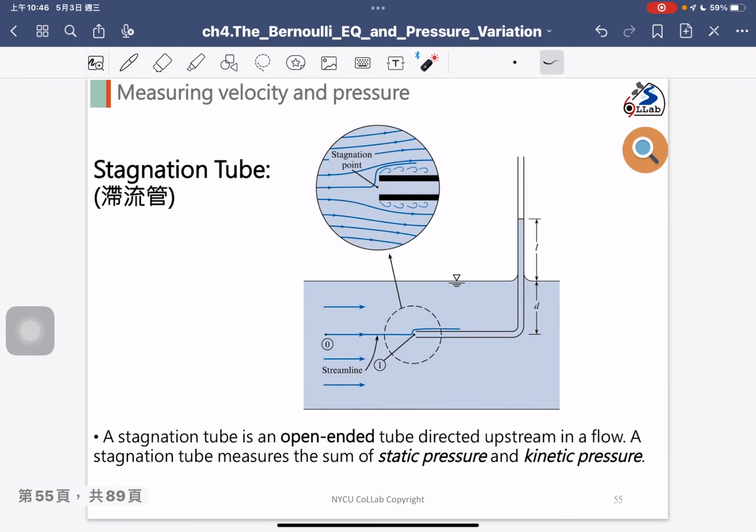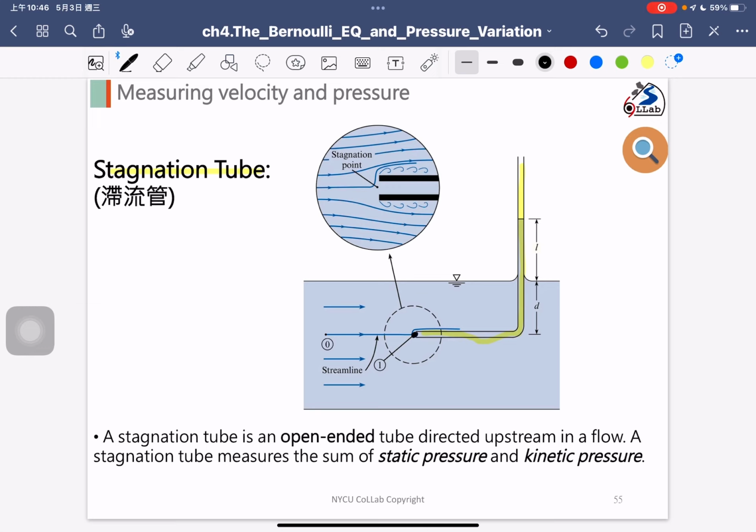Okay, so in the following slide, we are moving back, and I want to introduce a different device. How can we measure the velocity we want? One famous device we call the stagnation tube. Why do we call it the stagnation tube? Because we put the L shape inside the flow field, and we will have some points.